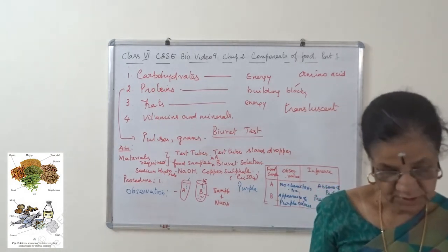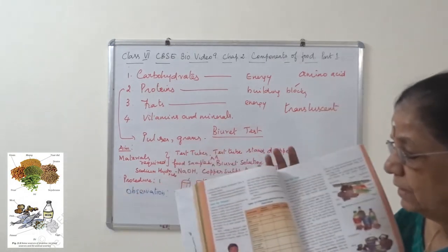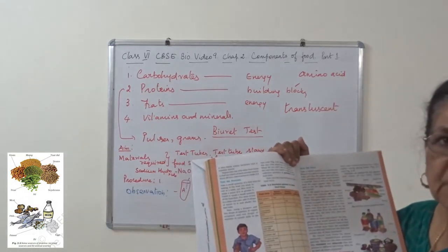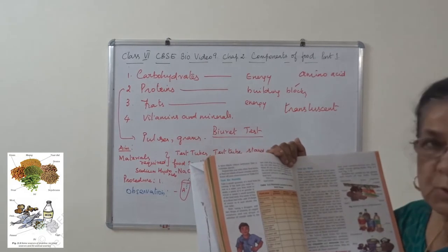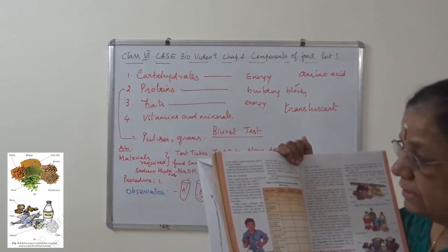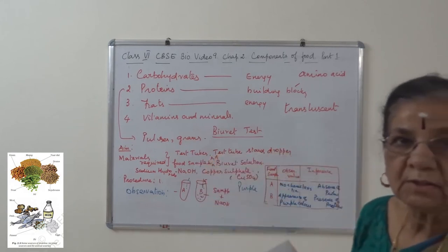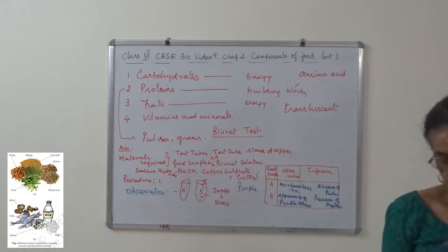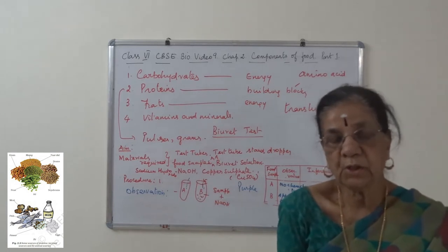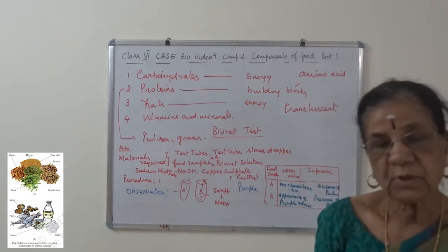I hope you understand. See, here is the test for protein. In the test tube, we are adding copper sulfate solution. Take a small quantity of the food item for testing.